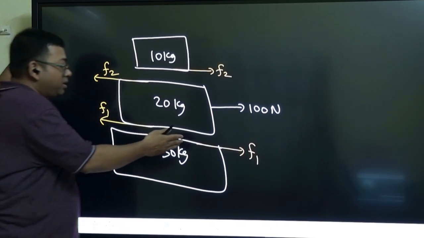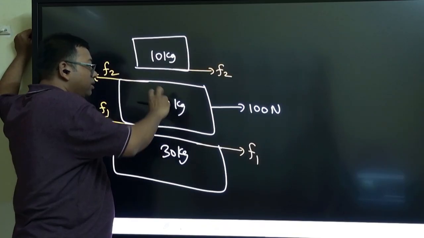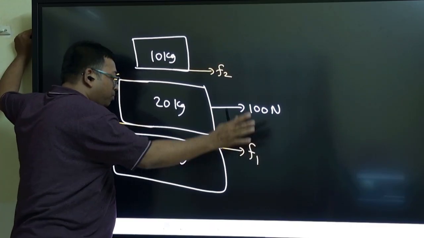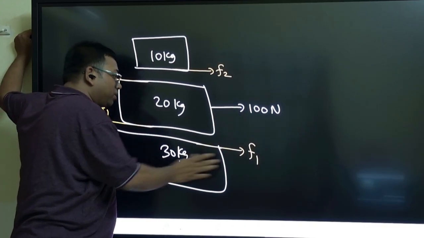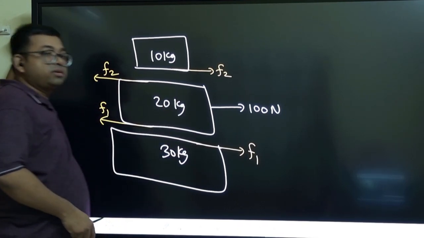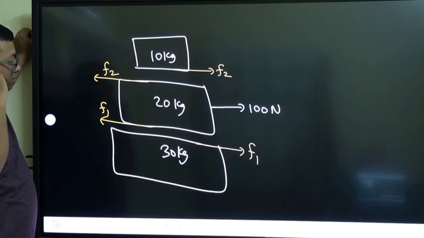Yes, friction F1 is accelerating, because when you move this, this block also gets pulled that side because of the friction offered by that surface.